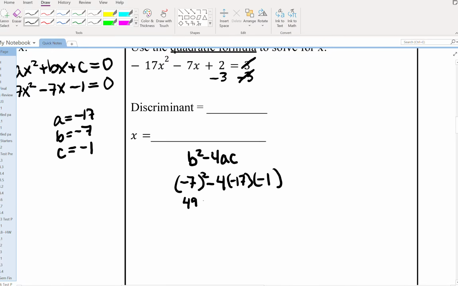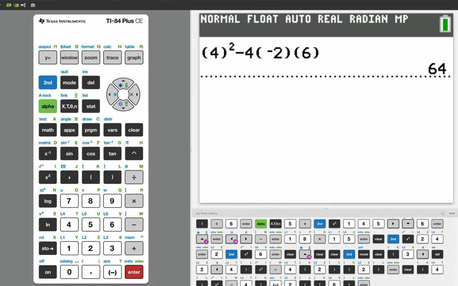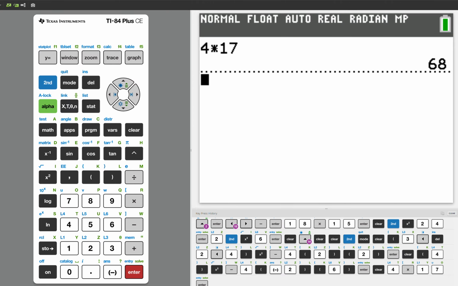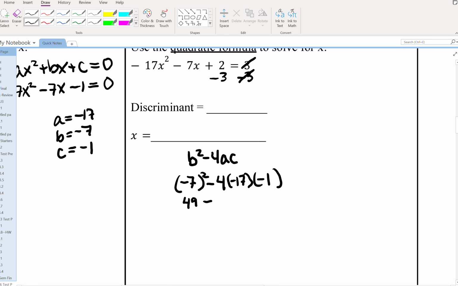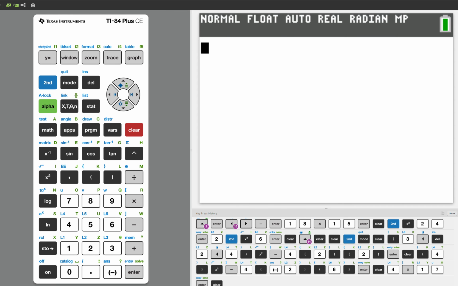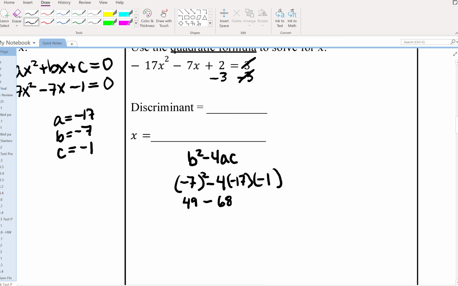So this is going to be minus something. 4 times 17, I'm going to use my calculator. 4 times 17 is 68. So I've got 49 minus 68, and 49 minus 68 is negative 19.